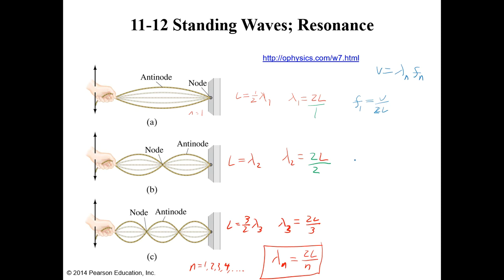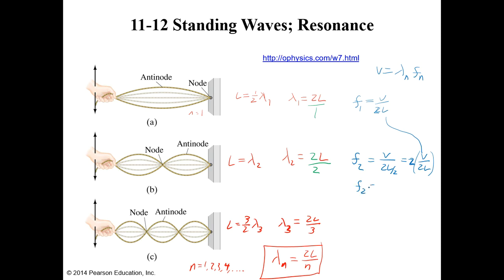If I do the same here, frequency of my second harmonic would be the velocity over the second harmonic's wavelength, which is 2L over 2, which would be, if I fix the improper fraction, that's 2 times V over 2L. Well, remember V over 2L, we just saw that.